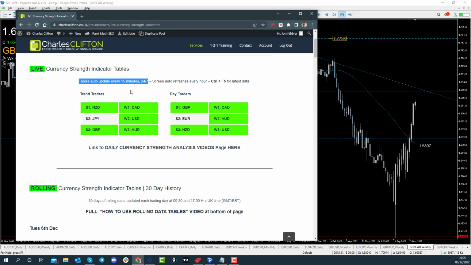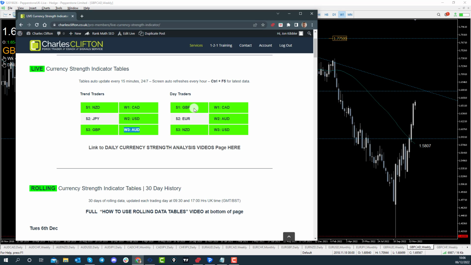So what the table's showing us today, on the trend side of things, the New Zealand dollar remains top at S1, followed by the Japanese yen at S2, followed by the pound as the third strongest currency at S3. On the weak side, we have the Canadian dollar at W1, followed by the US dollar at W2, followed by the Australian dollar at W3.